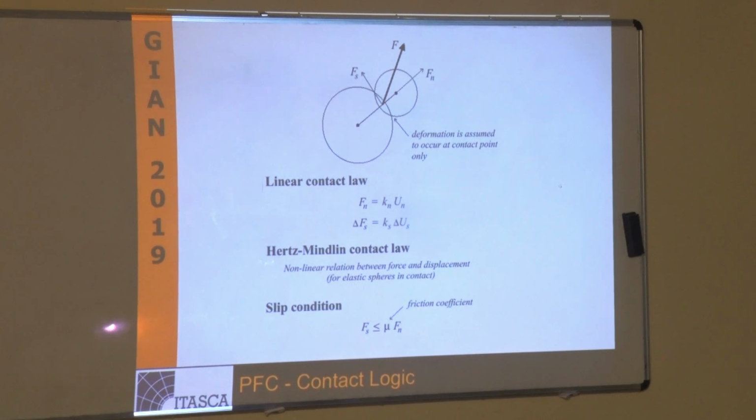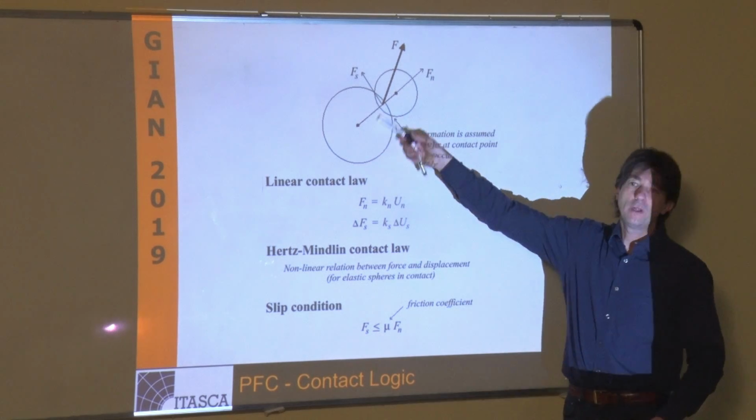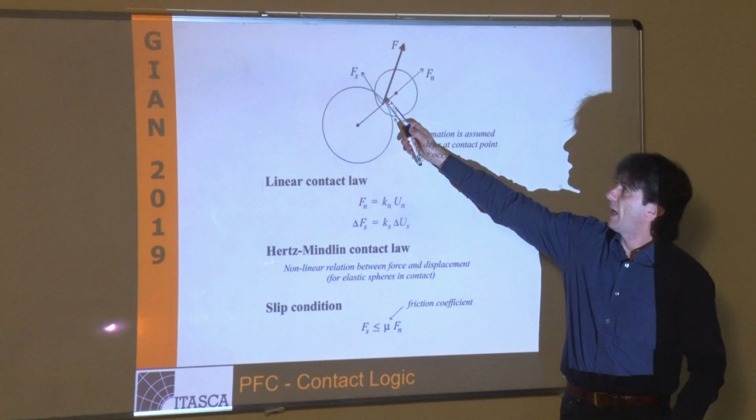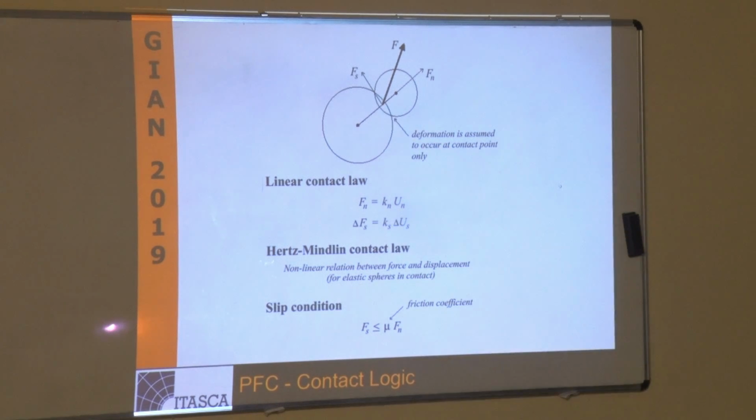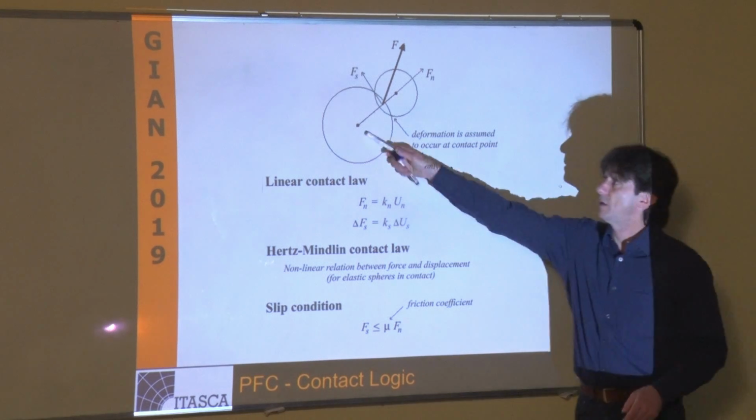What are the advantages? The advantage is that all the contact happens at one single point of contact that can be defined only by the radii of the two particles in contact and the distance between the two centers, right?